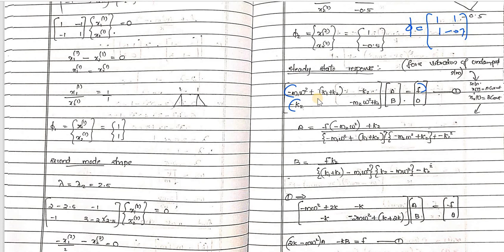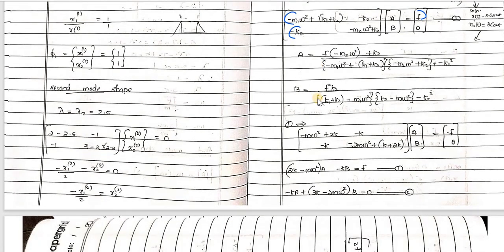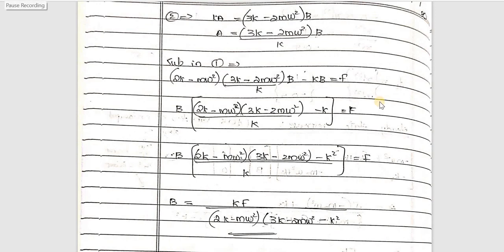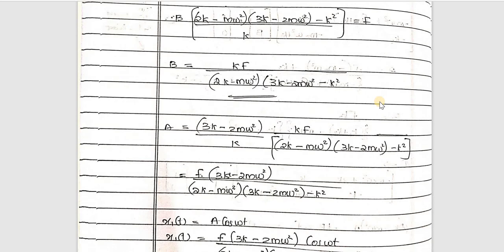Next, the second one is this one, B is equal to... okay, I can find A and B. Now this is my first equation, and I am substituting, so I can find out A. This is my second equation, and here, instead of A, I can write 3k minus 2m omega square by k into B. That can be substituted in the first equation, and I can get the value of B. Similarly, I can find out the value of A.